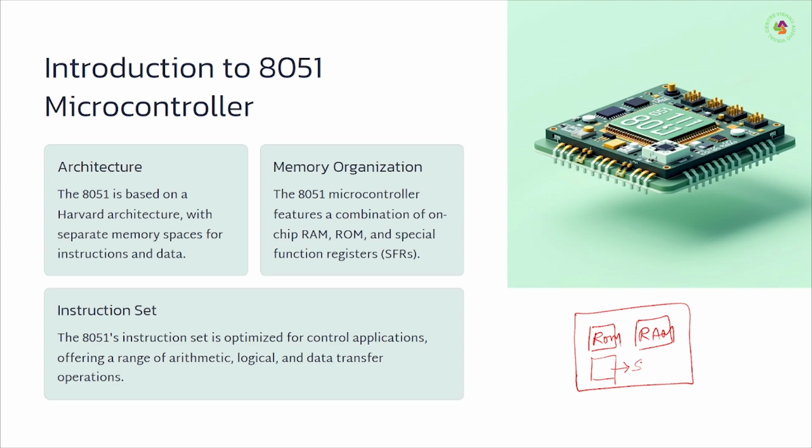For that, memory is separately allocated. If we want to connect external memory, we can connect external RAM or ROM through a data bus with the help of ports, that means data memory as well as program memory.